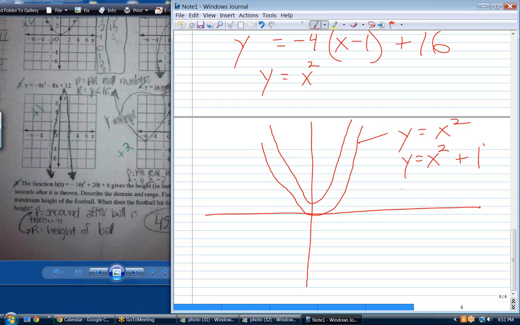If I wanted to plot y equal 2x squared, this 2 is a vertical stretch. That does change the shape of the curve and makes it skinnier. But rather than use terms like skinnier or fatter, I'm sure your teacher would prefer you saying it's a vertical stretch by a factor of 2.